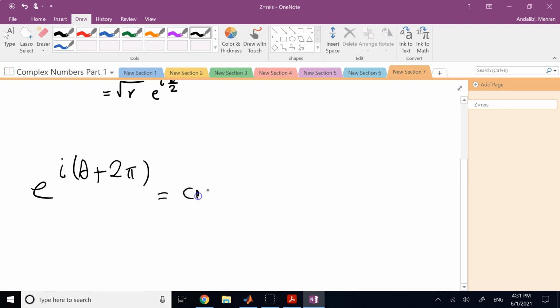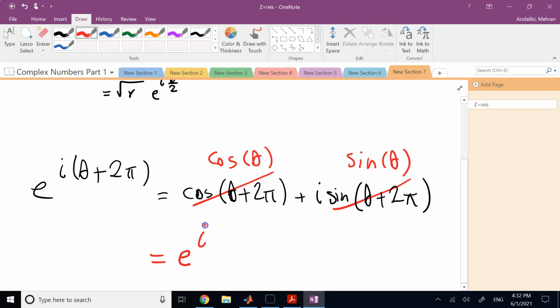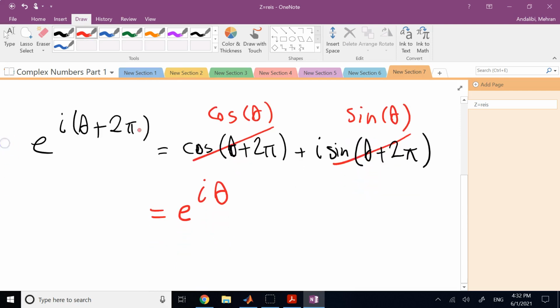Well, this is going to be cosine of theta plus 2 pi, plus I times sine of theta plus 2 pi. And you know, sine and cosine of any angle plus 2 pi is the same as the cosine and sine of that angle itself, because these functions are periodic with period of 2 pi. So this is going to be the same as e to the I theta. So you see, adding 2 pi to the argument of this function will not make any changes.